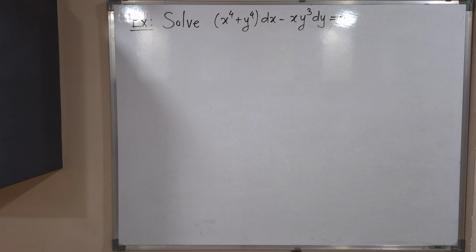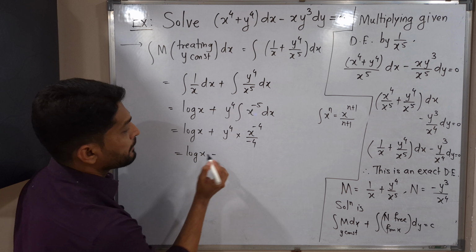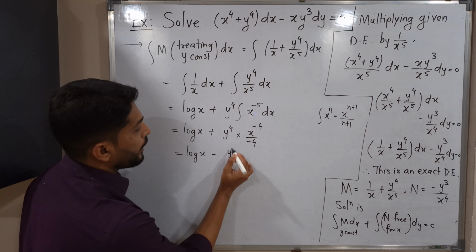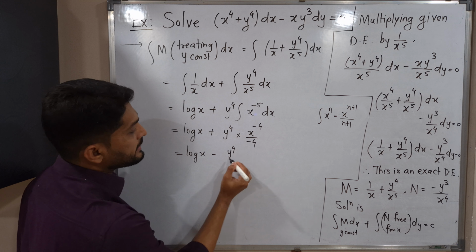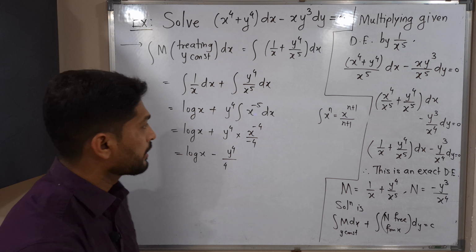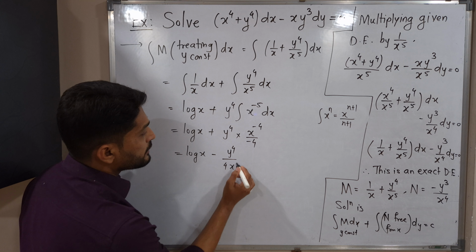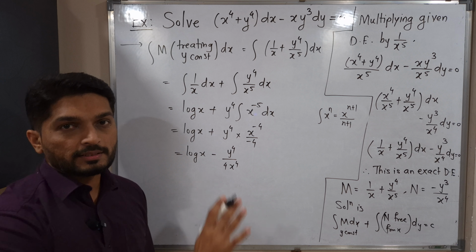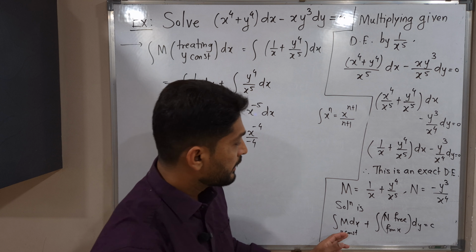Okay, so let me write in a proper way. Log x plus minus y raised to 4, 4 I am writing in denominator. It has minus sign, so I will shift it to the denominator. So the power will be plus. Shifting to the denominator, so x raised to 4. That's it. So this is the required answer, that means value of this integral only.